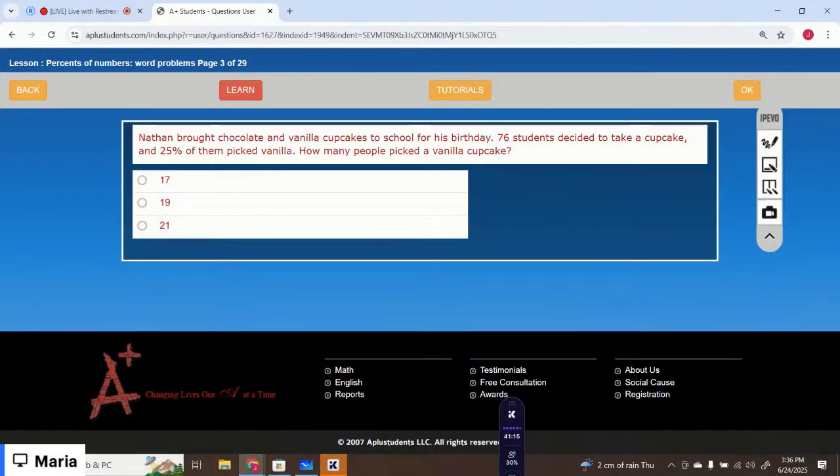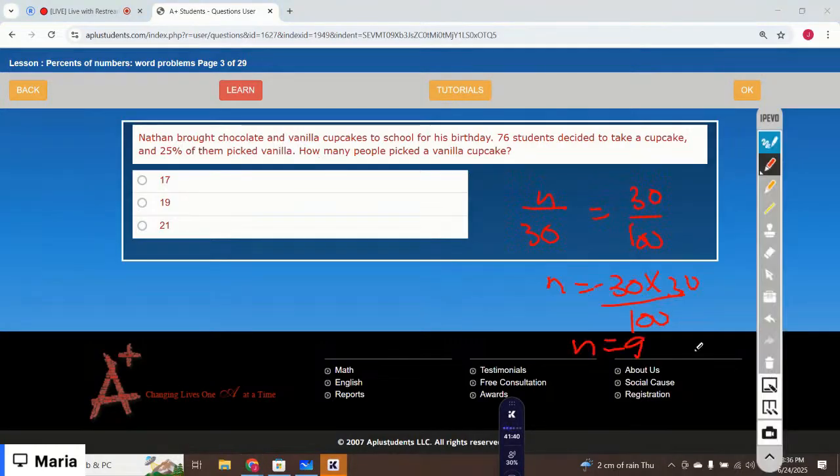How many people picked a vanilla cupcake? 76 students, 25% of them picked vanilla.